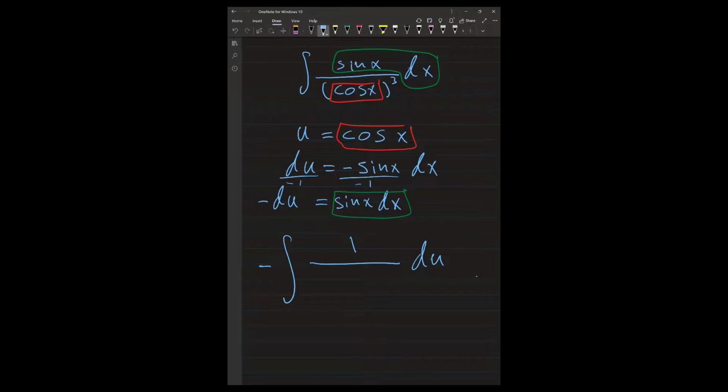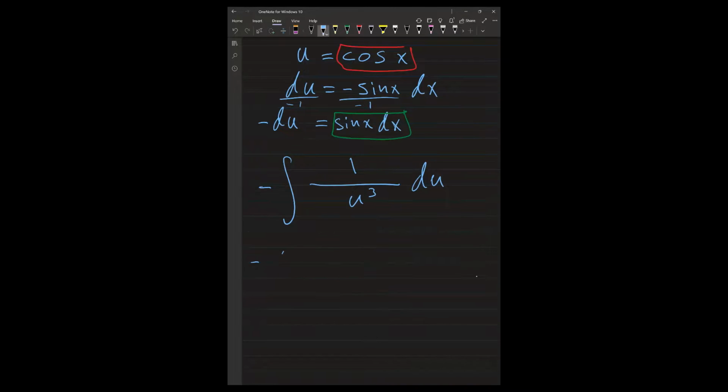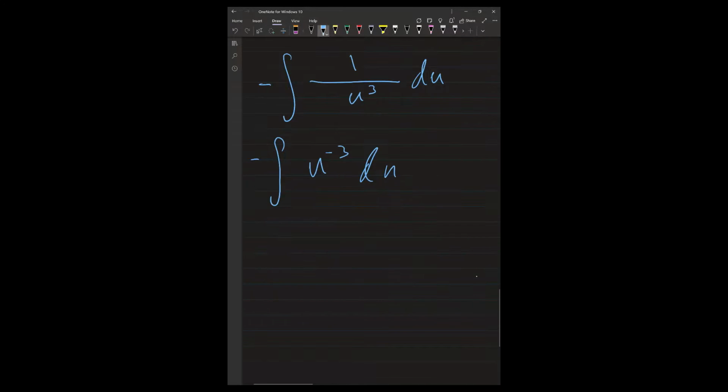This is u raised to the 3rd power, so u to the -3 du. Add 1, which becomes -2, divide by -2, which is the same as saying -1/2.